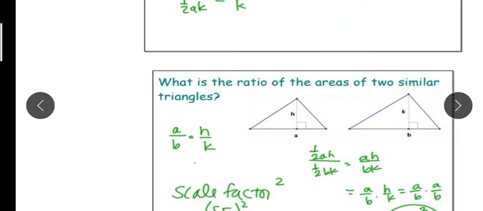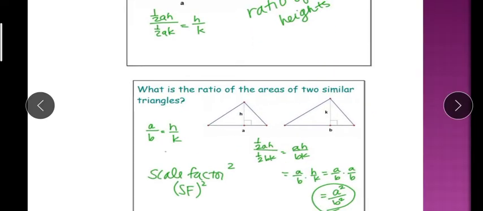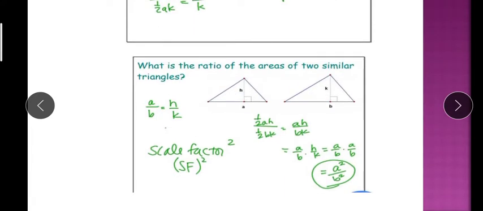Now students, regarding the theorem for similar triangles, I will explain that afterwards. Now just remember, when we have to find the ratio of the areas of two similar triangles, what to do? All of you know the area of a triangle is 1 by 2 A into H, that is base into height.